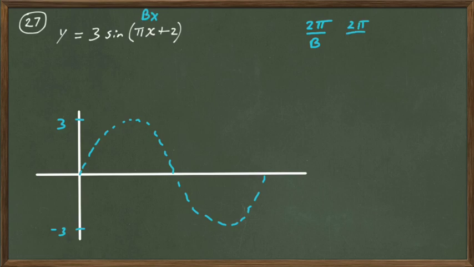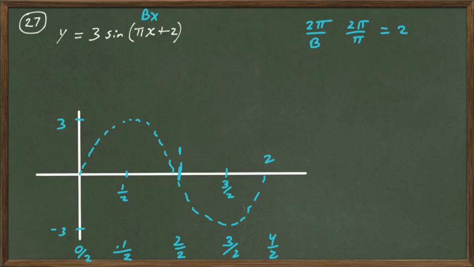So 2 pi over pi makes the period 2. That's 2, that's 1, that's 1/2. We have 0 halves, 1/2, 2 halves, 3 halves, 4 halves, which is the 2, right?